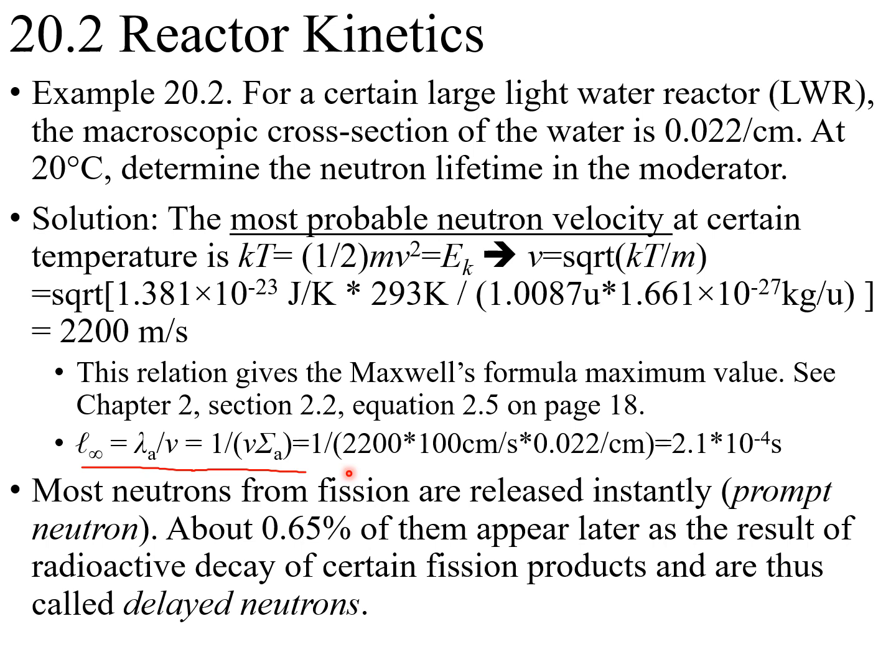Because the macroscopic cross-section is given in the unit of centimeter, we convert the meter per second to centimeter per second by multiplying by 100. Then times sigma A, and we get the result, which is 2.1 times 10 to the -4 second. And this value is extremely small.